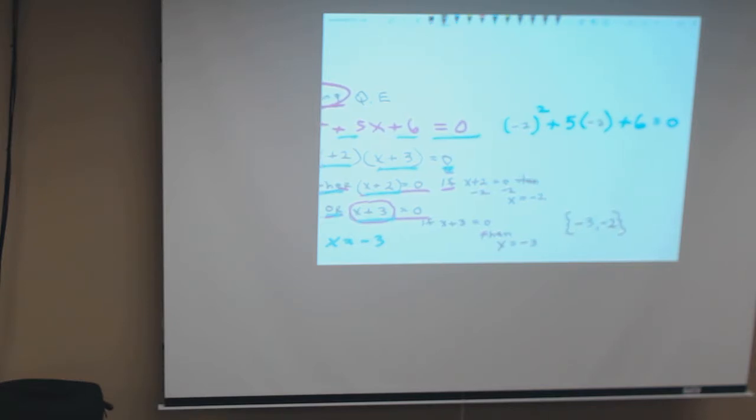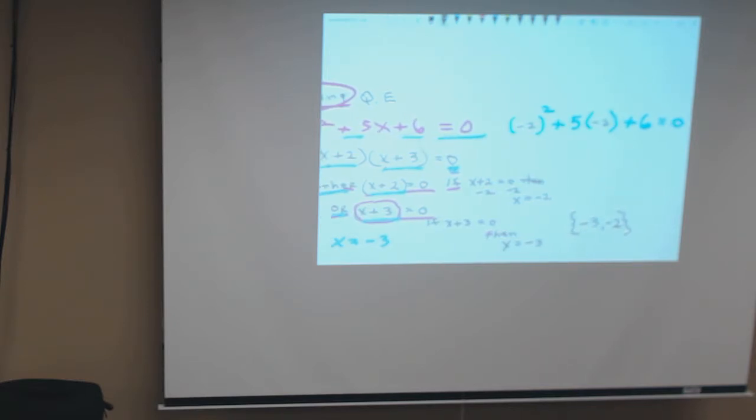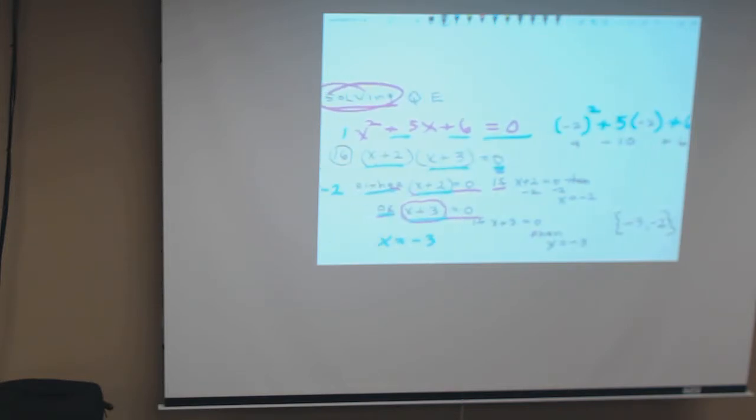And what do I get? What's negative 2 squared? 4. What's positive 5 times negative 2? Negative 10. Minus 10 and plus 6. Does that equal 0? Does 4 plus 6 minus 10 equal 0? Yep.